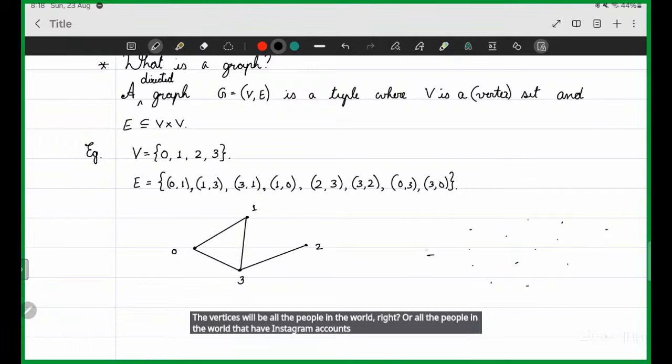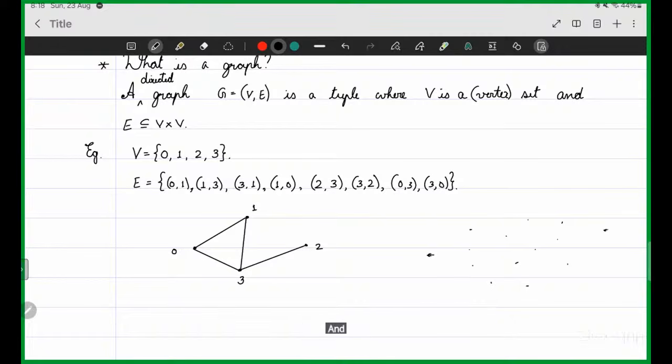This will be a huge vertex set, finite, but still very huge. And this will be a directed graph, right? Someone might follow someone, but the other person might not follow them back. Yes, this is a very classical example of a graph.